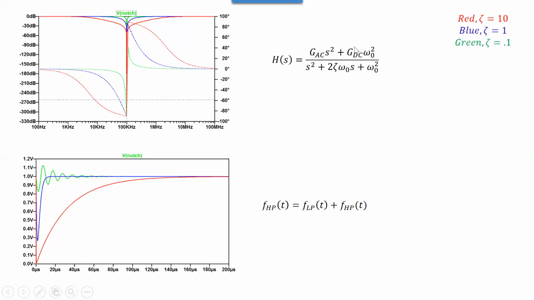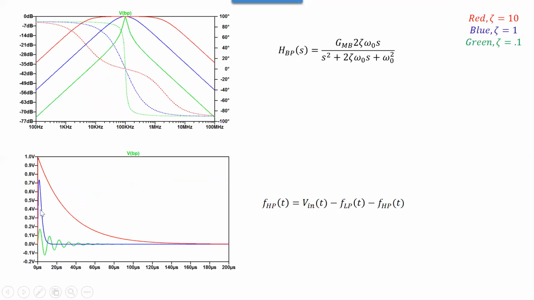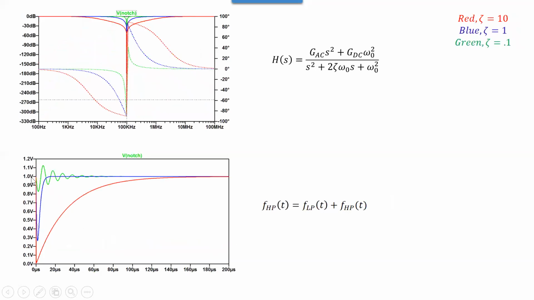We have a high pass added to a low pass. Here's our high pass, and here's our low pass action. With the band, the high pass is happening at lower times, and it's actually starting at 0 in both cases, rising and falling back to 0. Here it's starting at 1, dropping and going back to 1.